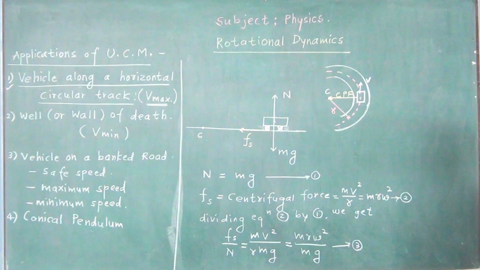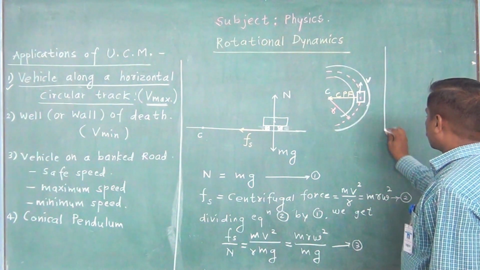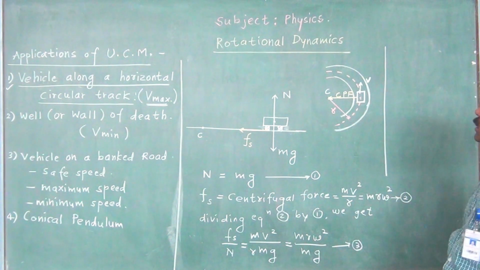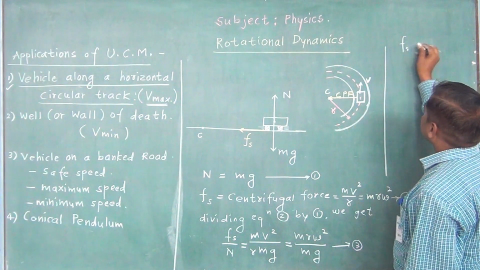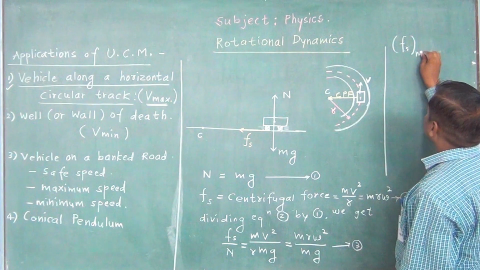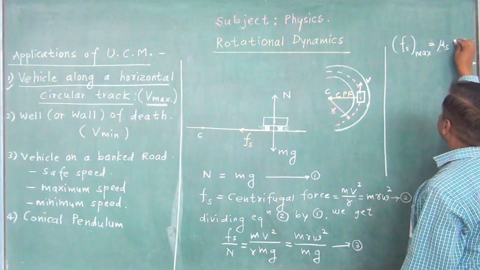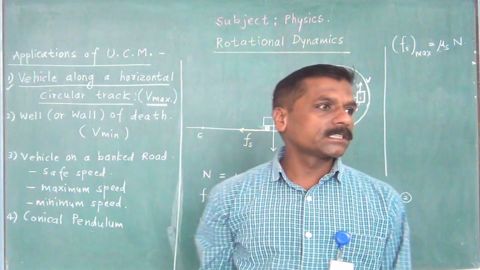In the 11th standard we studied the frictional part. With the help of static friction, we know the relation: if it is the maximum, then Fs maximum is equal to mu s into n. This relation we have already seen in the 11th standard.